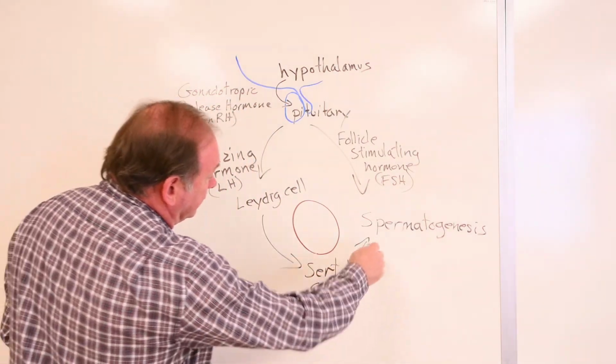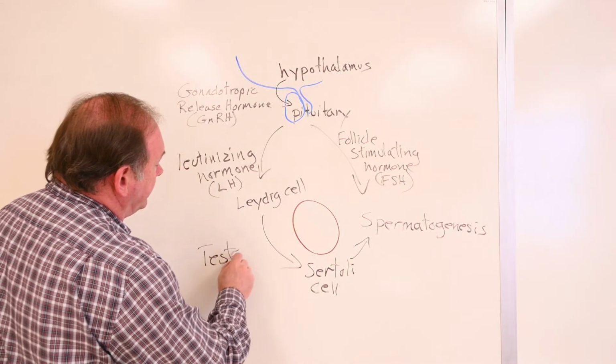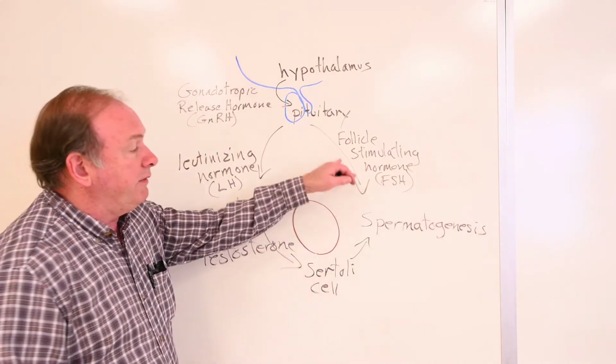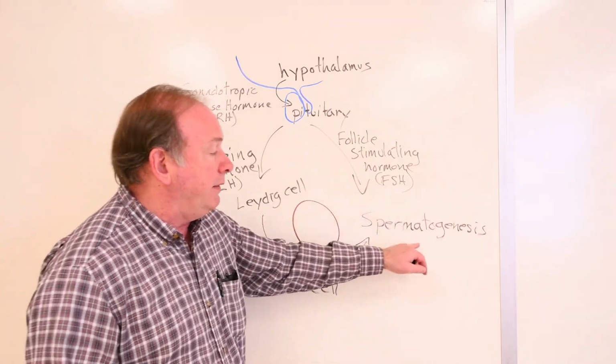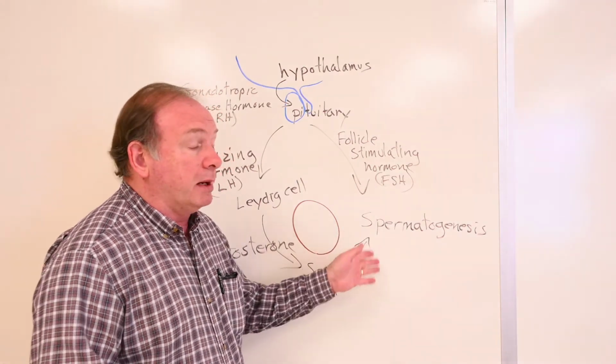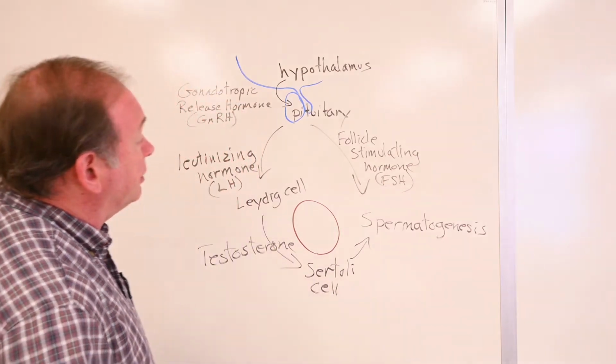So this loop along here, this is all testosterone. So testosterone and follicle stimulating hormone both have their effect on spermatogonia and primary spermatocytes to stimulate the process of spermatogenesis.